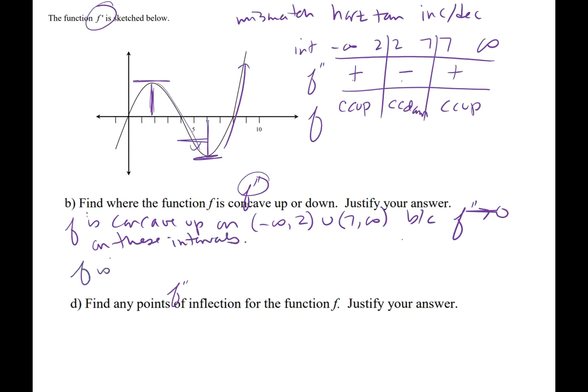And then f is concave down on 2 to 7, because f double prime is less than 0 on these intervals.